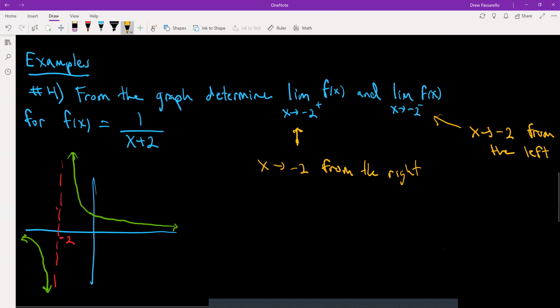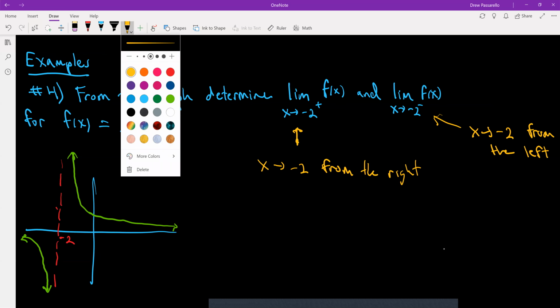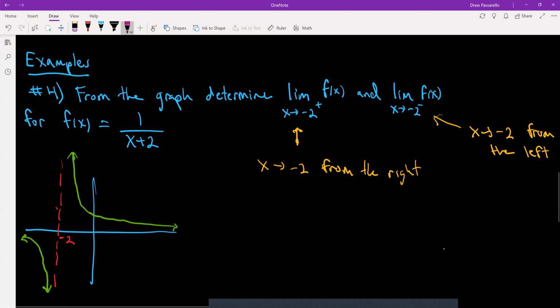All right, so first I'll take care of the right-hand limit, and I'll use purple. And I keep writing 2 and it's all been -2.